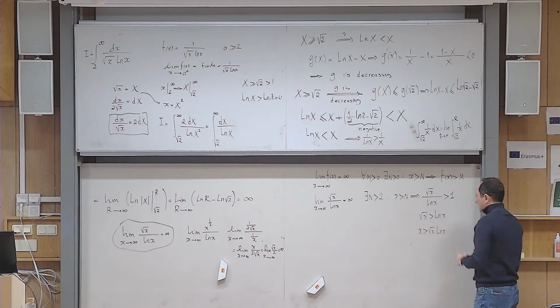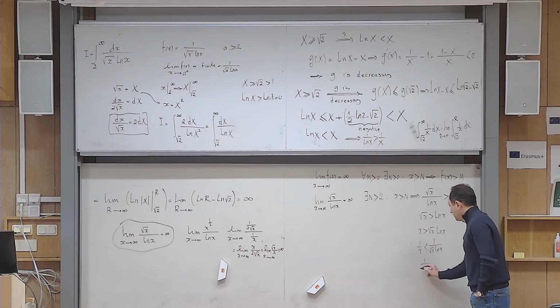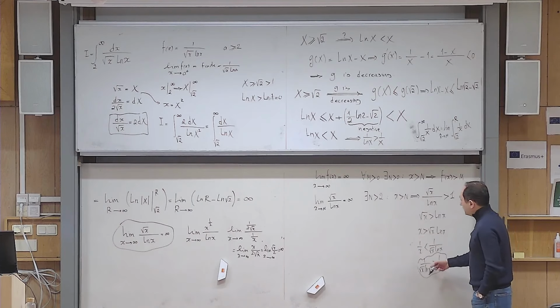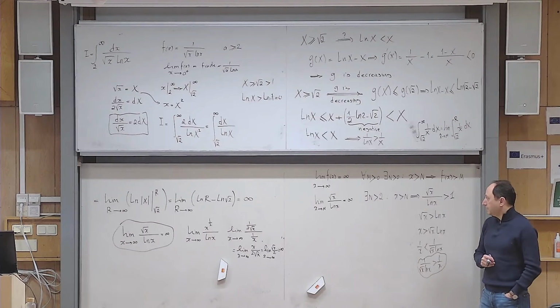Then it means that 1 over x is less than 1 over square root of x ln of x, or in other words, 1 over the square root of x ln of x is greater than 1 over x. But this inequality holds if x is greater than that n.